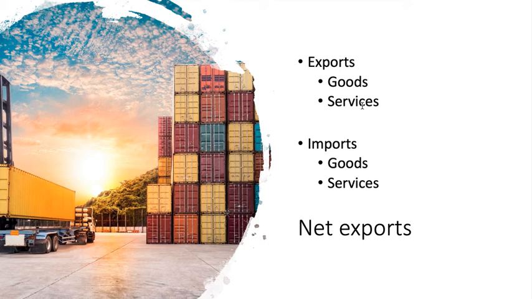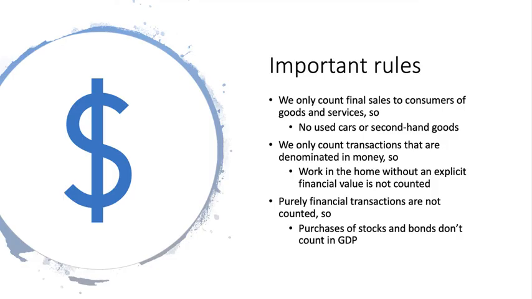For services, we actually run a surplus, meaning that we export more services than we import, but that number isn't nearly enough to make up for the difference in goods. So we have a minus there of around 3% of GDP each year.